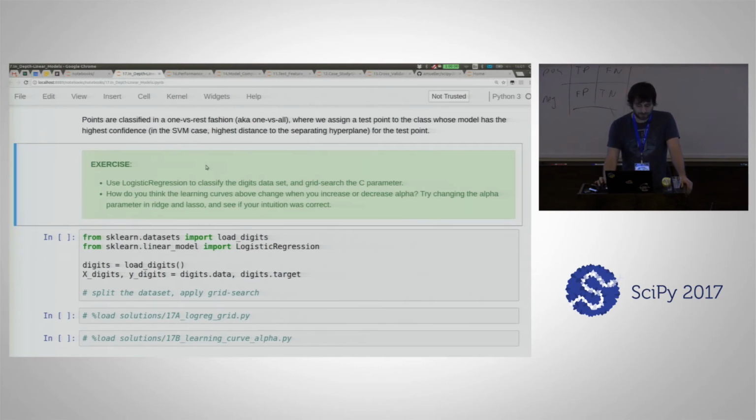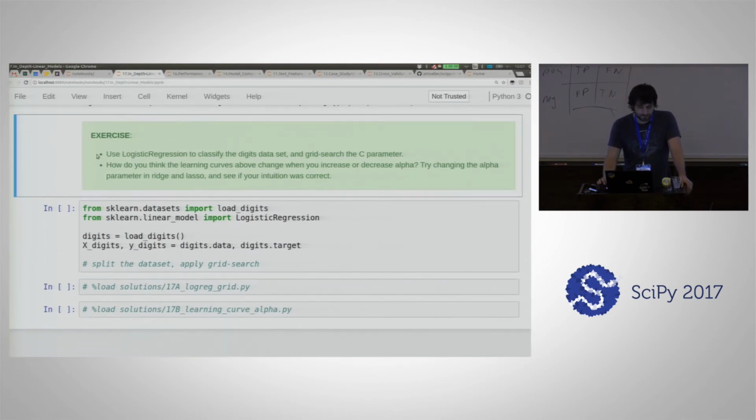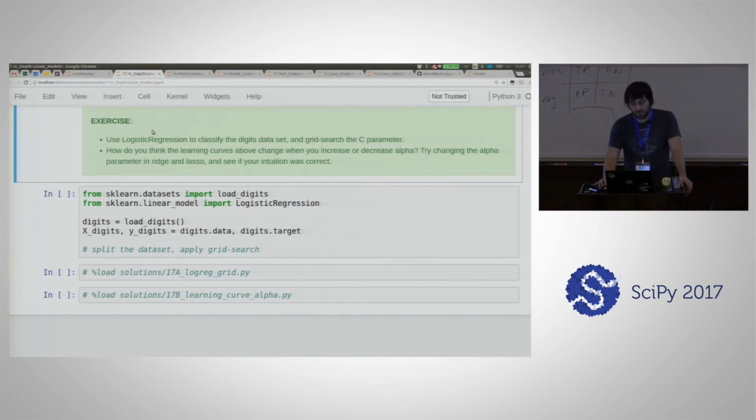You can also look at the coefficients if you want. Also, change the learning curves that we plotted above, the plots where we change the number of training data points. How do they change if I change alpha? Maybe you can play around with this for 5 minutes.